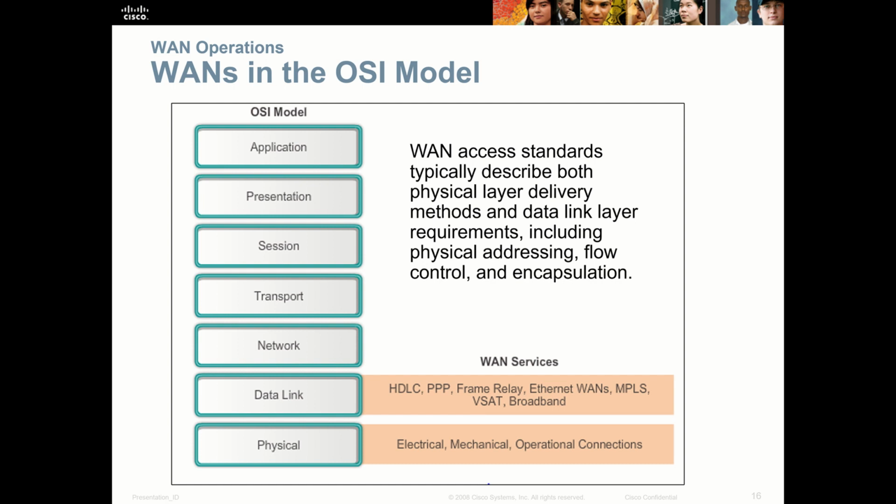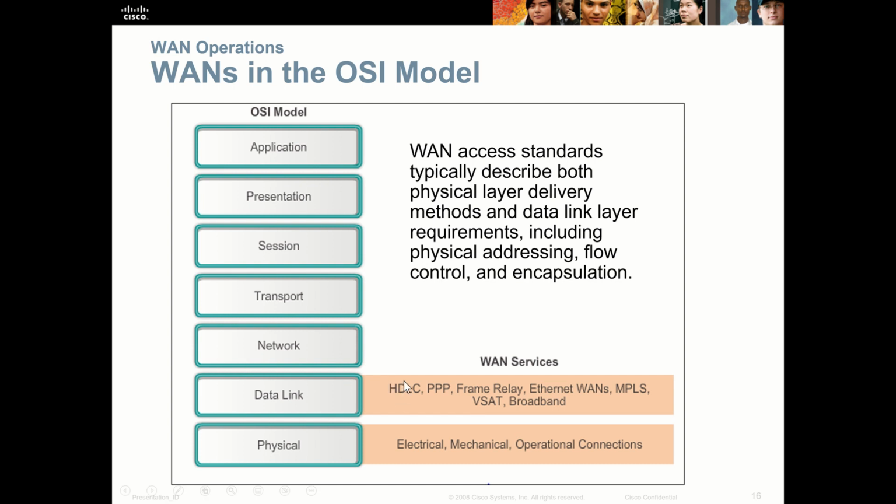But contrary to this belief, WAN access standards typically describe both physical layer and data link requirements. So basically, WAN protocols sit on the data link layer.